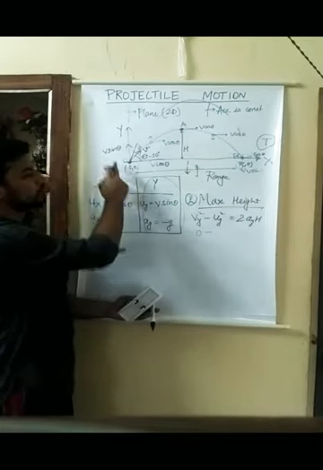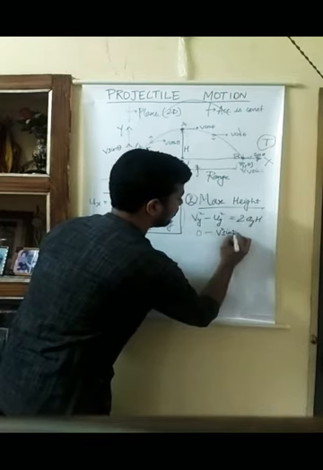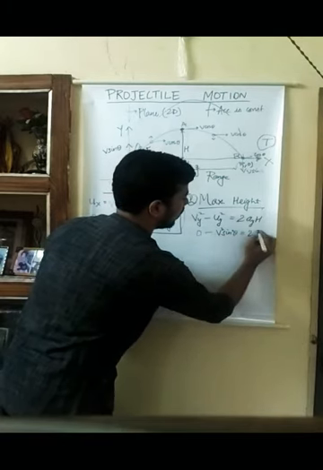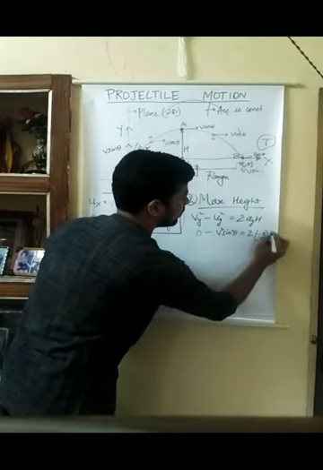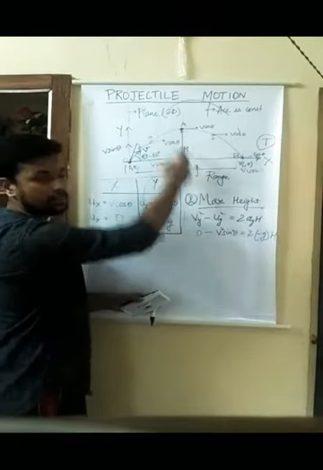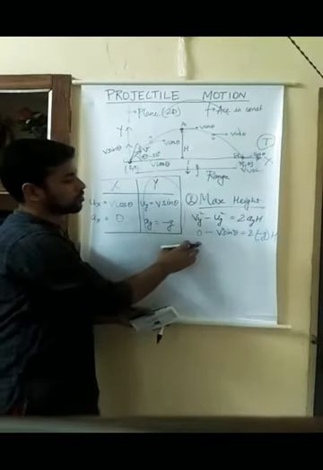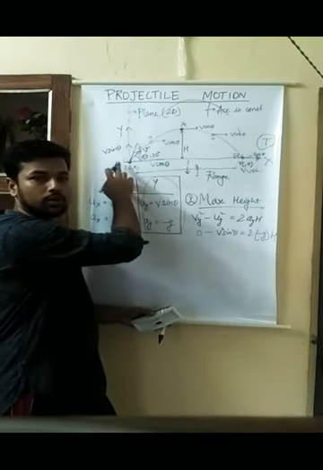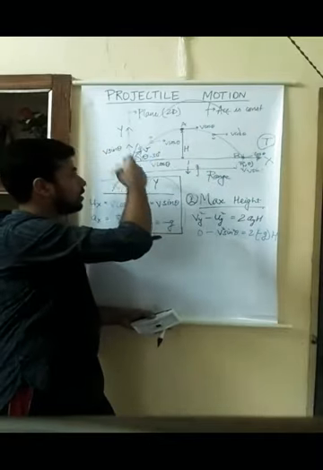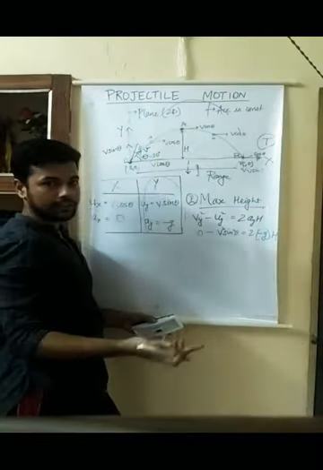uy is v sin theta, so it becomes v square sin square theta. Acceleration is minus g, and the total distance in the y direction at this point A is h. So we use kinematics between the origin and A. Initial velocity was v sin theta, and final velocity in the y direction is 0.